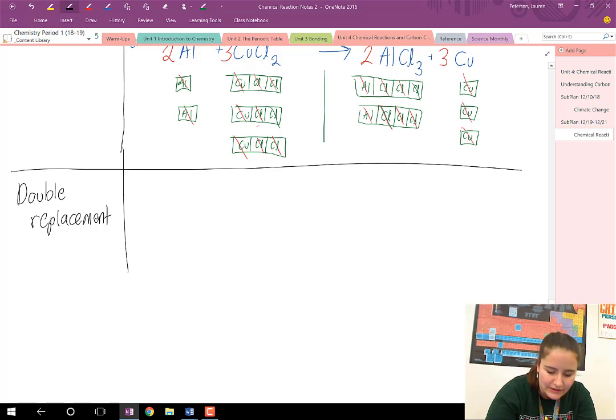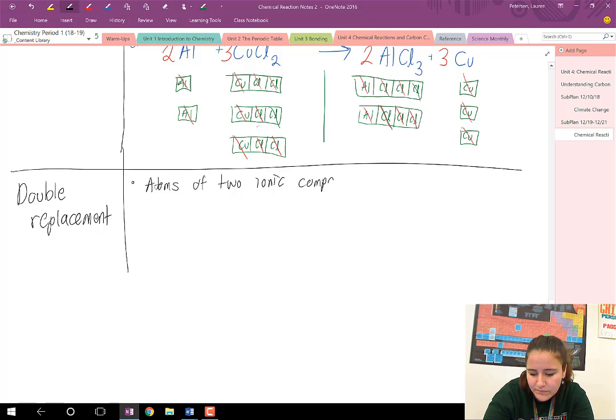So a double replacement reaction is one in which the atoms of 2 compounds switch places. This one only happens with ionic compounds. So ionic compounds switch places.